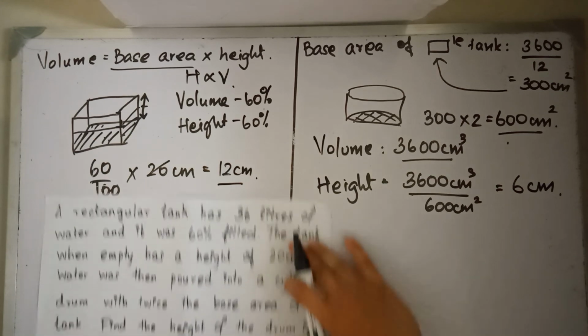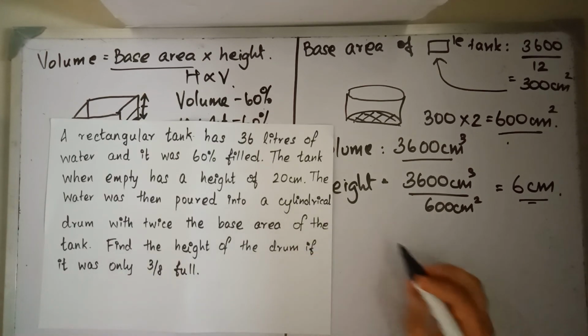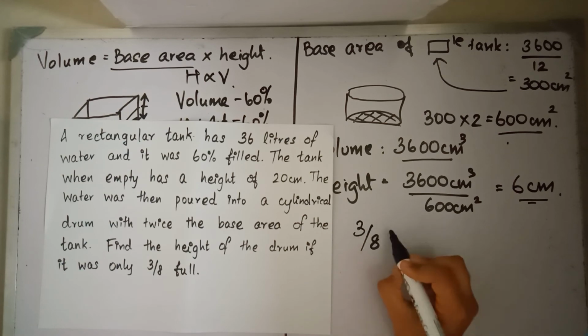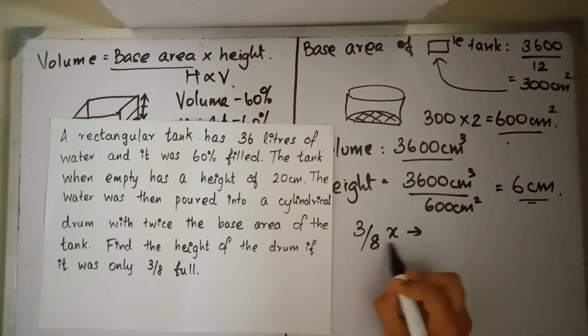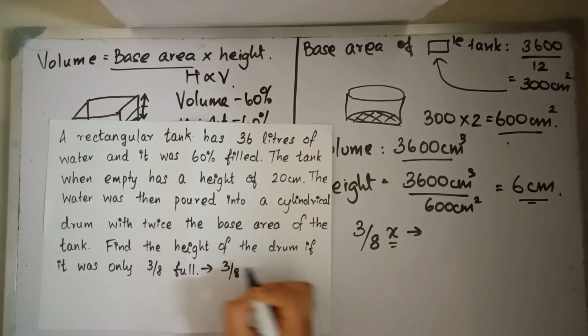So is the height of the drum 6 cm? No, because this is only the height of the water and the drum is only 3/8 full. So 3/8 of x, where x is the height, because if it's 3/8 full, that means it has 3/8 height.